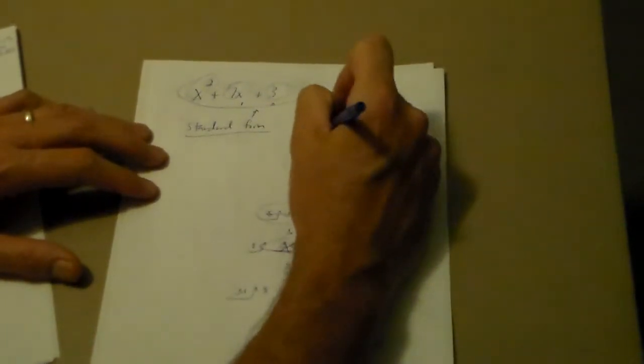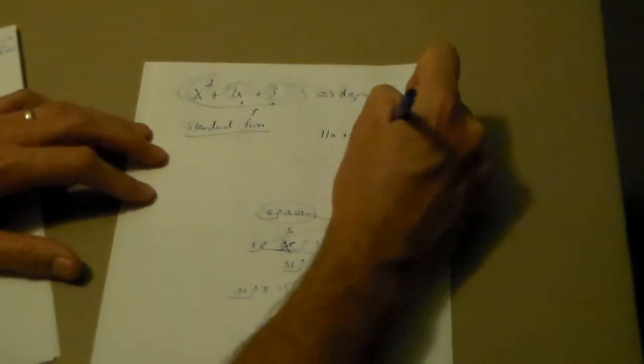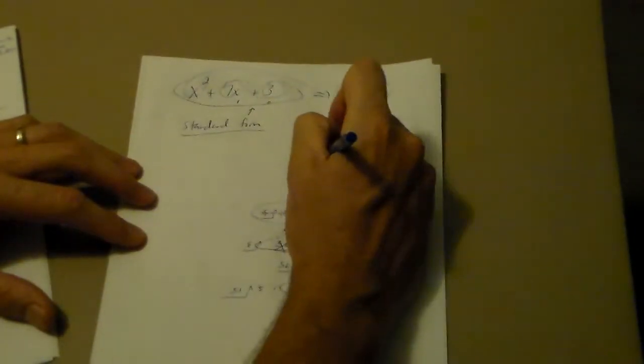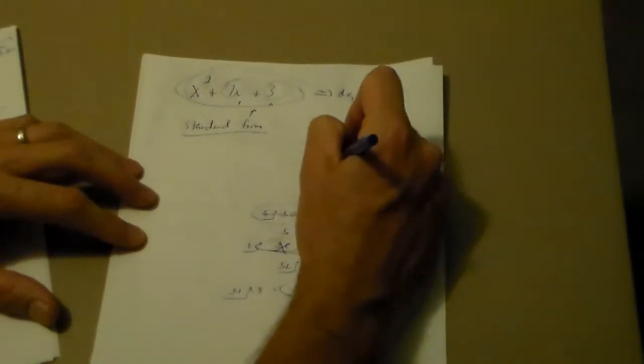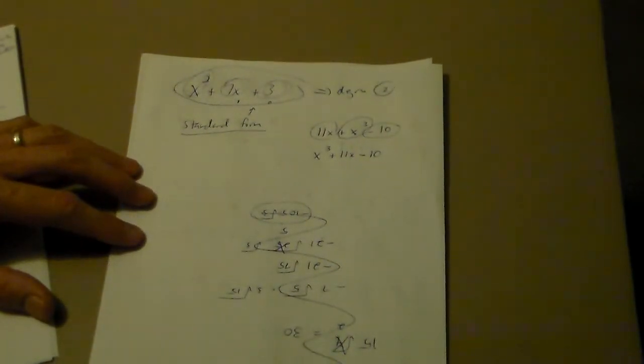Okay? So if I had this, 11x plus x cubed minus 10, that one's not in standard form because it's not written in the same order. Okay? This one is the highest exponent. That should go first. So I put my x cubed there, and then that has a variable, so that goes next, and your constant is always last.